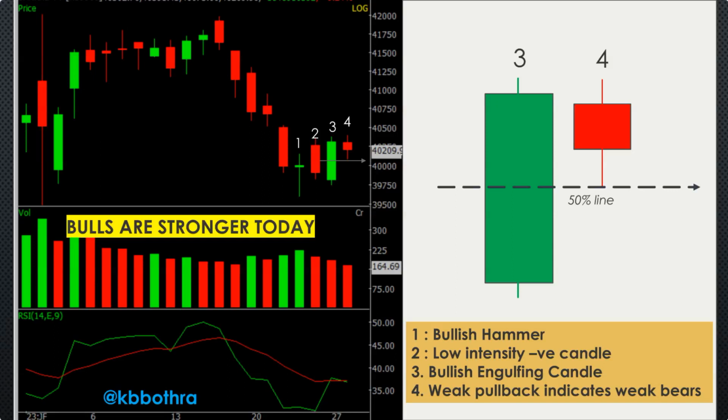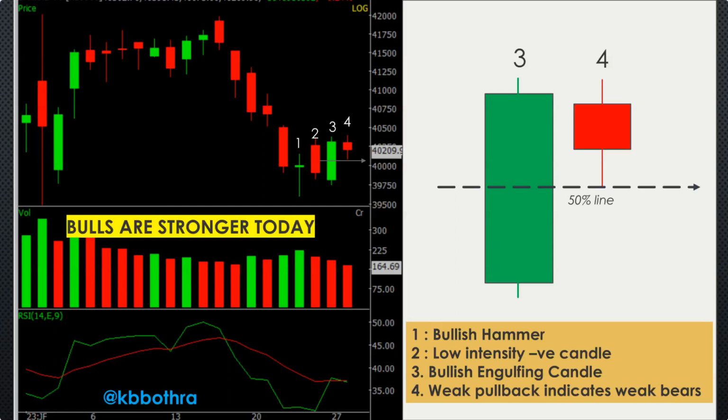Then comes candle number 4. We say that for every bottom to be formed, the asset class has to retest and test the strength of the new party, which in this case is the bulls making a comeback. So in candle number 4, the bears are trying to penetrate the lines of the bulls. Generally we say that if it goes below the 50% of candle number 3, then it is a pullback where the bears still hold significance.